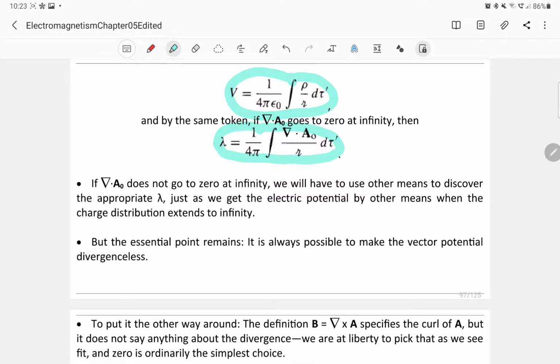By the way, if the divergence of A sub o does not go to 0 at infinity, we will have to use other means to discover the appropriate lambda, but essentially it is always possible to make the vector potential divergenceless.